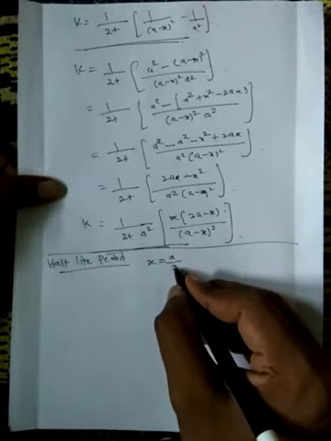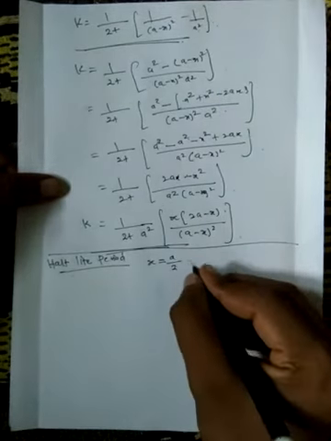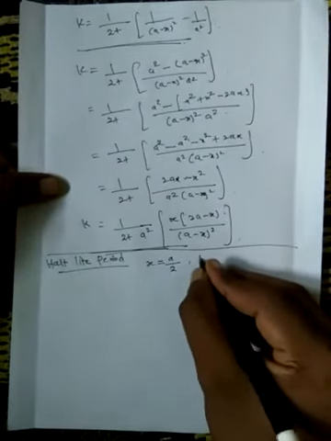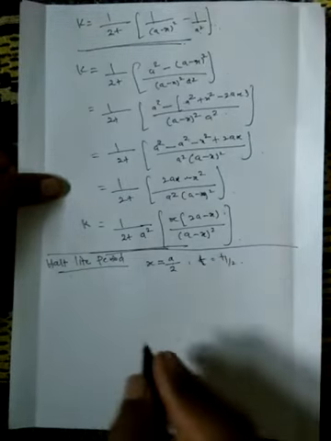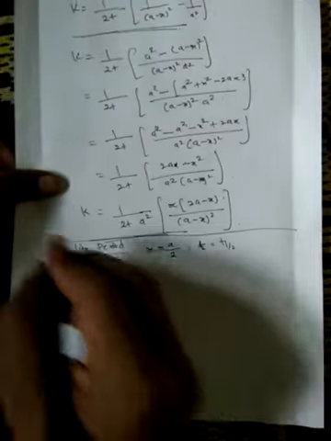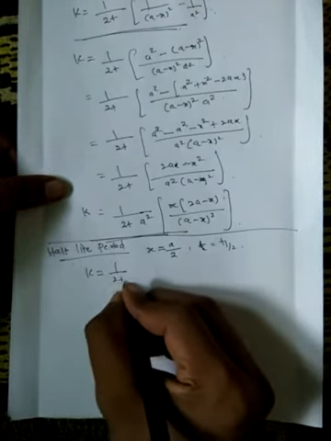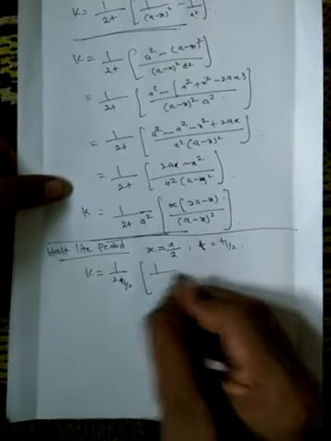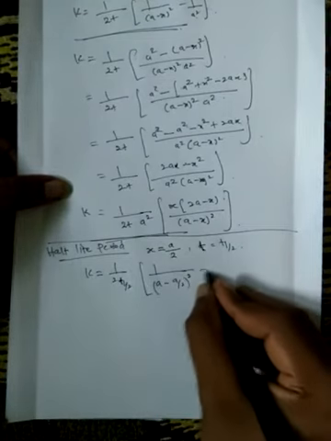Half of the amount of the reactant should be there. At half-life, when time t equal to t half, x equal to A by 2. I'm going to substitute here in this equation. Equal to 1 by 2t, where t becomes t half, of 1 by (A minus A by 2) whole square minus 1 by A square.